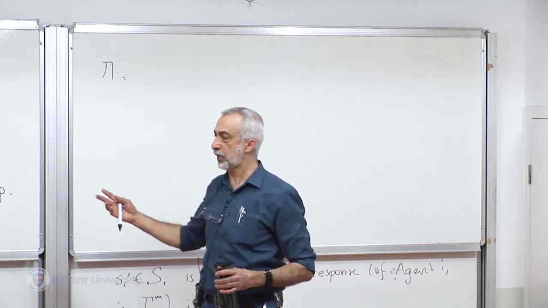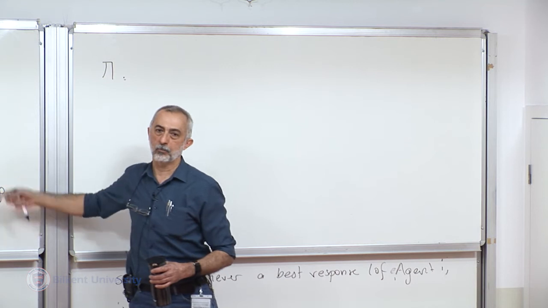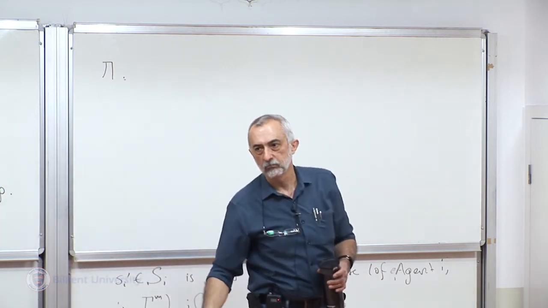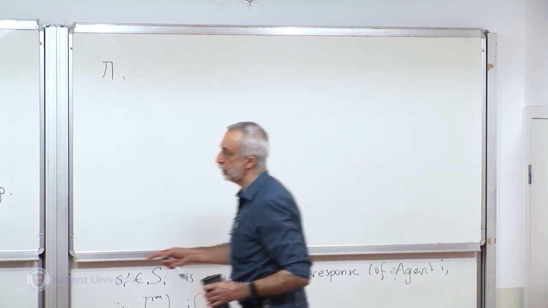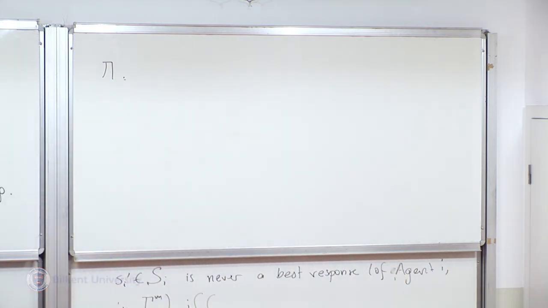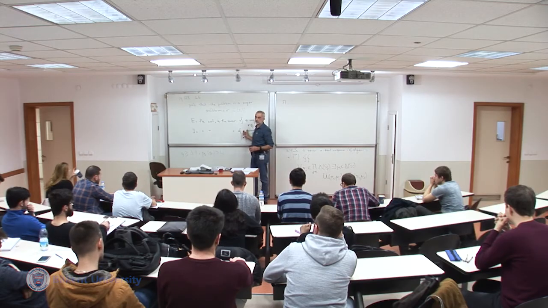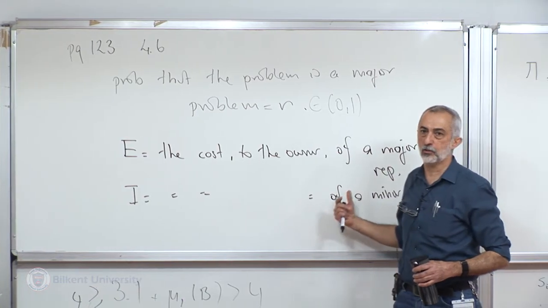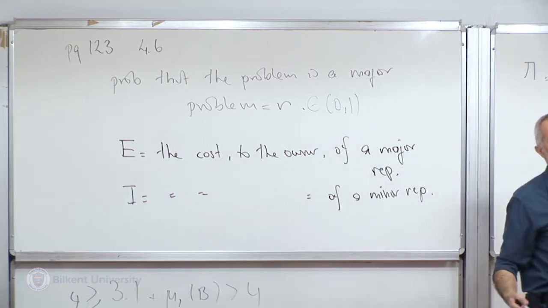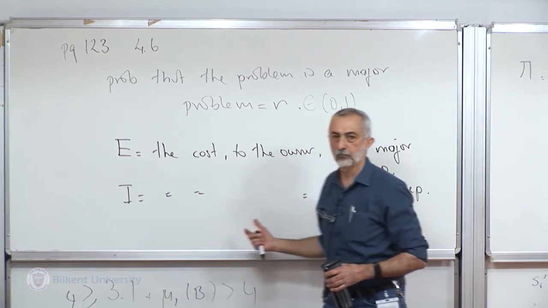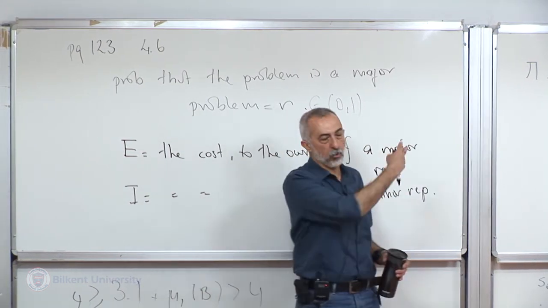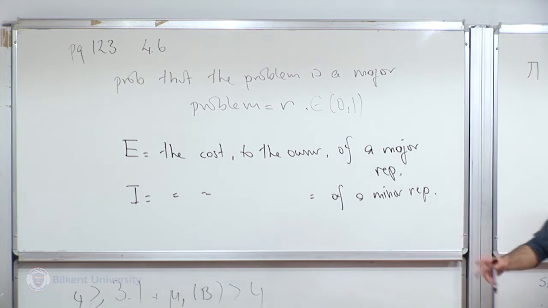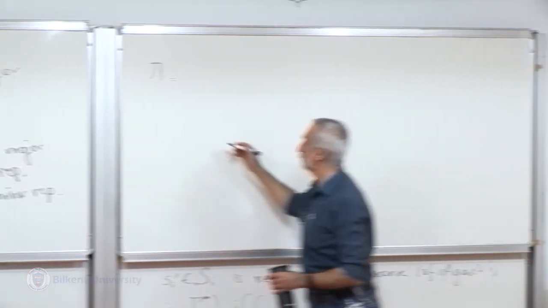So the profit is the same because a major problem requires more time, more tools, all costly stuff. Even though the expert is charging you higher, his cost is also higher. The minor problem, it's easier to fix. It takes less time, less tools, so the cost to the firm is less, but the revenue is also less. So in both cases, we assume that his profit is the same, okay?